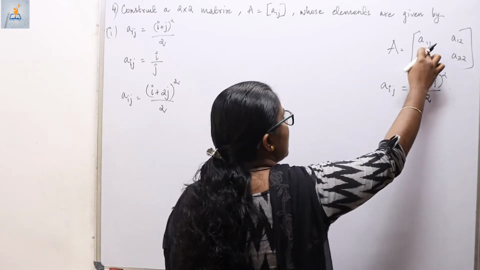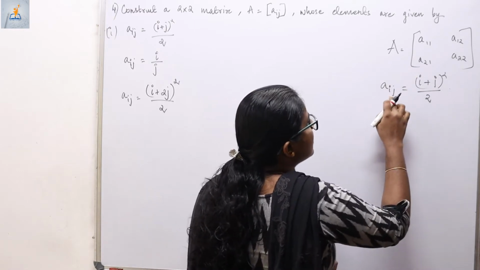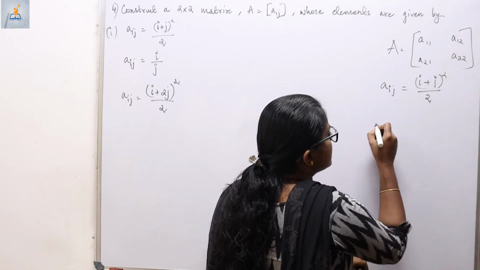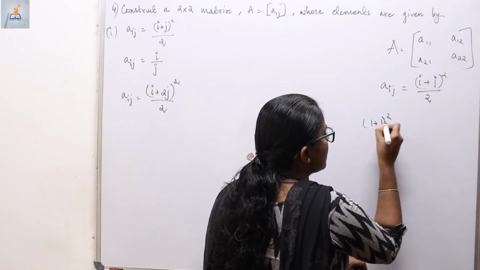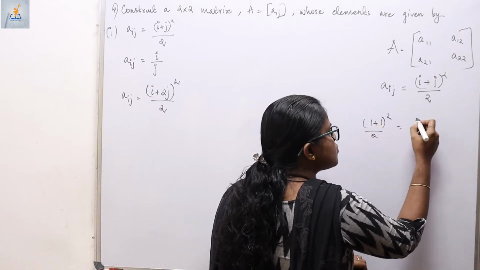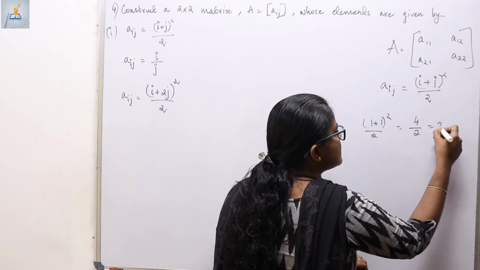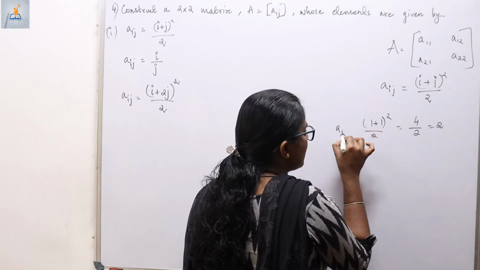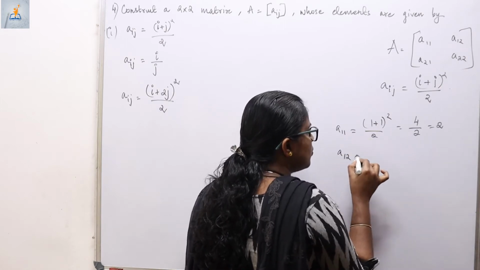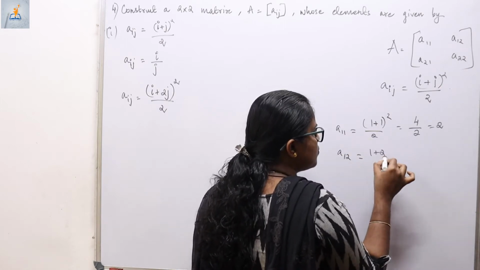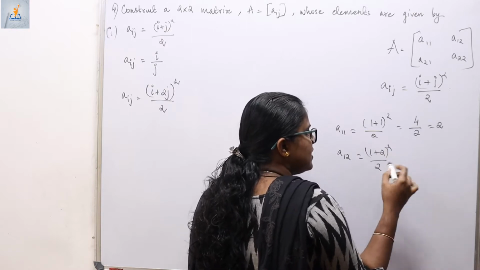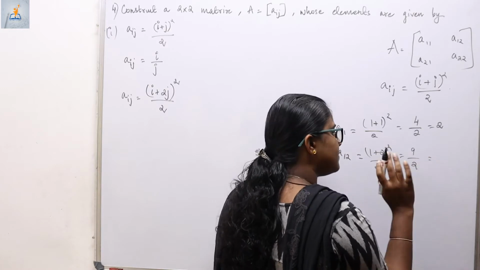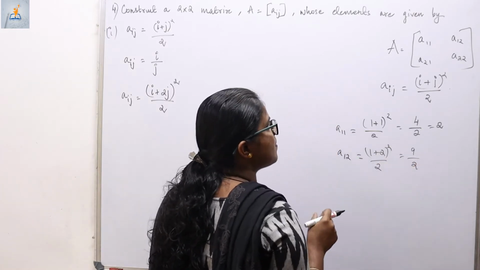So instead of a11 we have (1 + 1)² / 2, that is 2² = 4, divided by 2, that is 2. Again, for a12 we have (1 + 2)² / 2, that is 3² = 9 by 2, which is a fraction, 9/2.